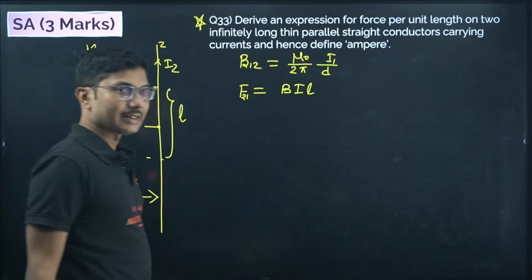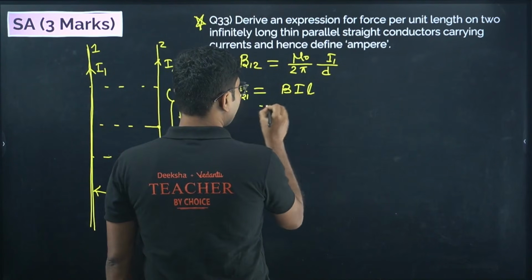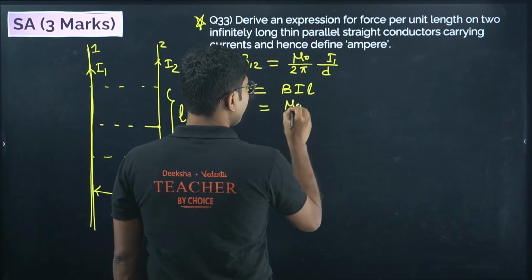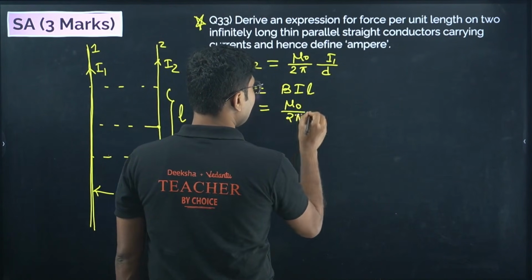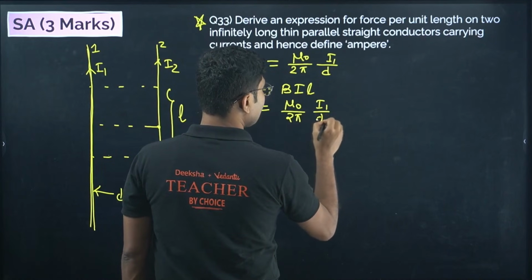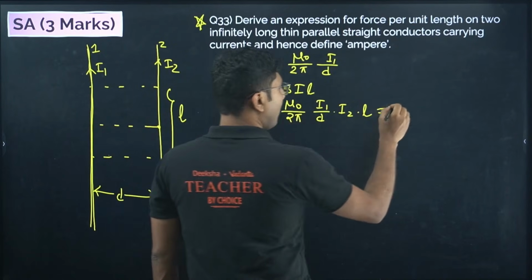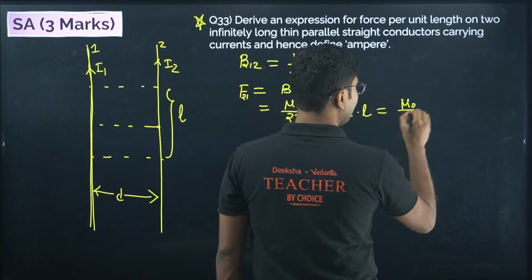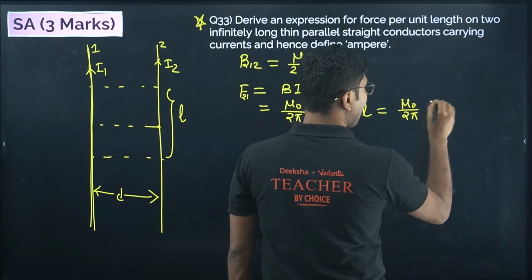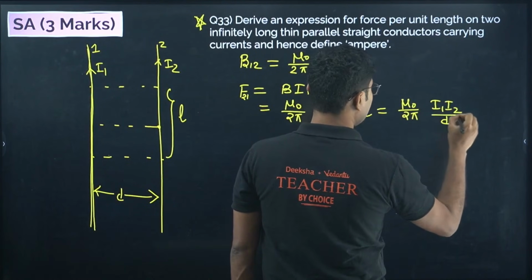Now theta here is 90 degrees, so only BIL, so it will be mu naught by 2 pi I1 by D into I2 into L, or mu naught by 2 pi I1 I2 by D into L.